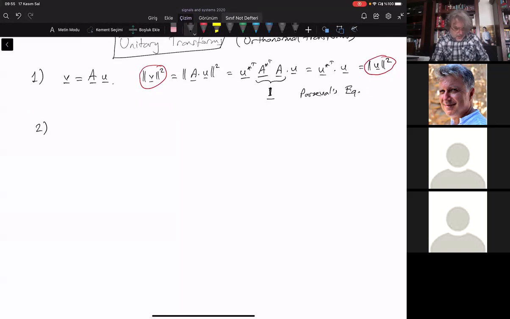The second property: let's consider random vectors, because to apply to a signal, we have to assume that the signal is a random signal. Otherwise, if it's a deterministic signal, you don't really need a transformation, because the deterministic signals are there, you know it, and there's no reason to compress it.